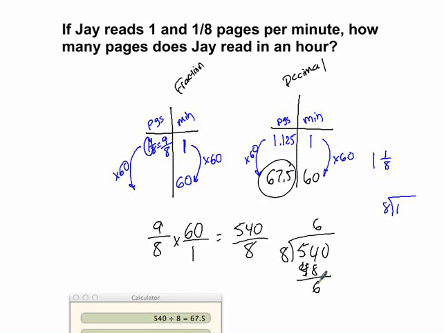You'd have 4 remaining. And you would leave this in terms of a fraction. We wouldn't even need to turn that into a decimal, so it would be 67 4/8, or 67 1/2, if you were doing this side. Because that remainder of 4, we wouldn't write R4, we would just say there's 4 out of 8 remaining.